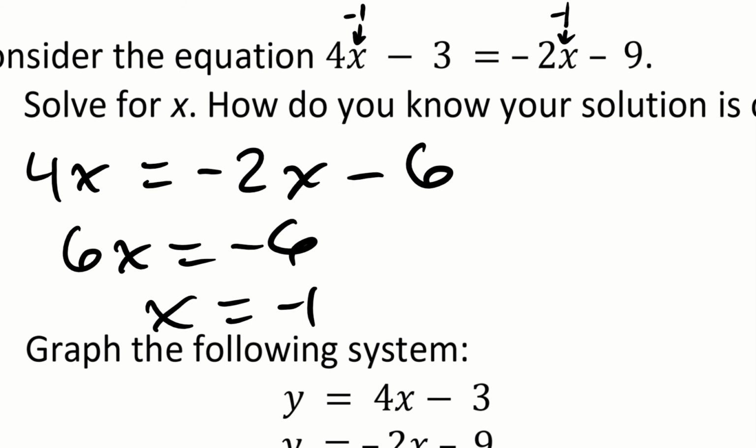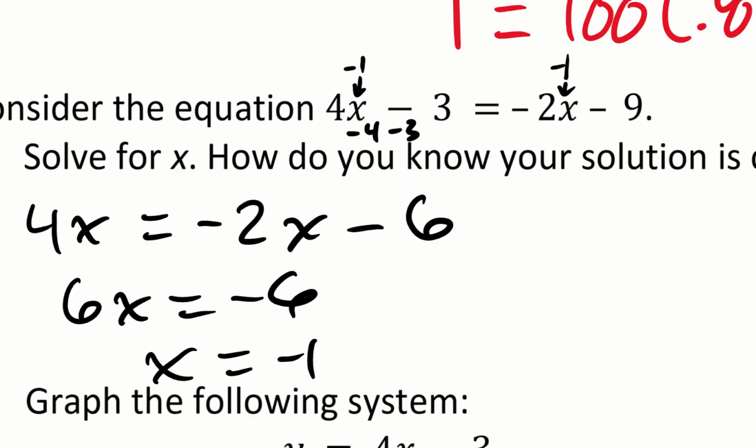So over on the left-hand side, this becomes negative 4 minus 3, which is quite nicely negative 7. So when I put negative 1, it becomes a negative 7 on the left-hand side. And over on the right-hand side, when I put in a negative 1, I have this negative 2 times negative 1. Negative 2 times negative 1 is positive 2, and positive 2 minus 9 is also negative 7.